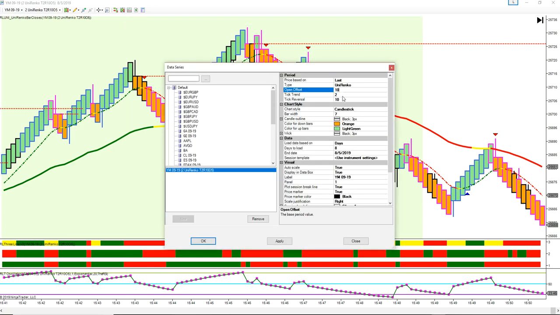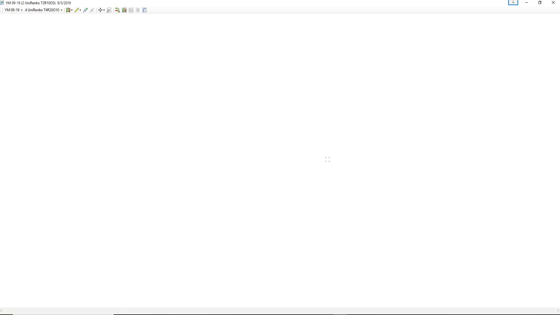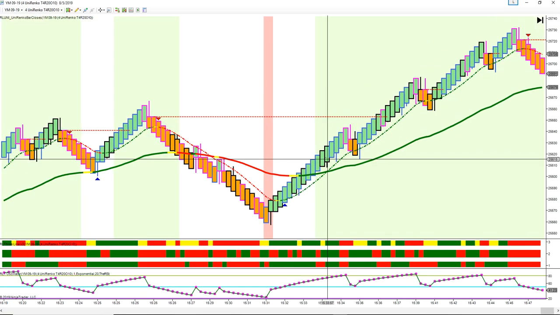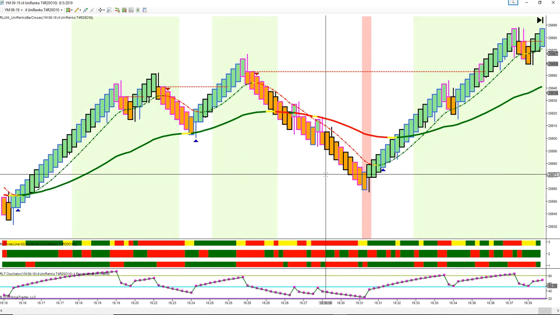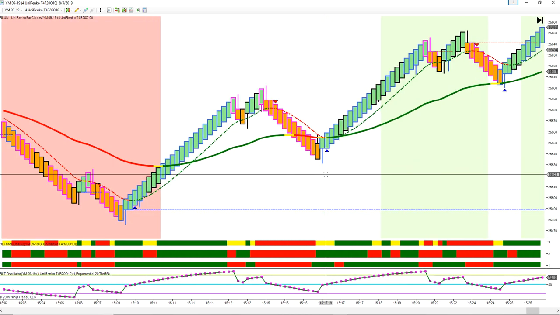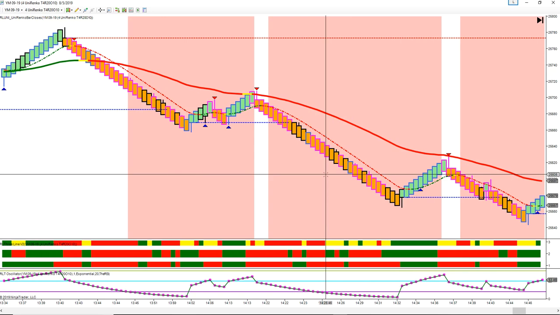It's on a 10, 4, 20. And I have not looked at this today. So you and I are going to be looking at it together for the first time.